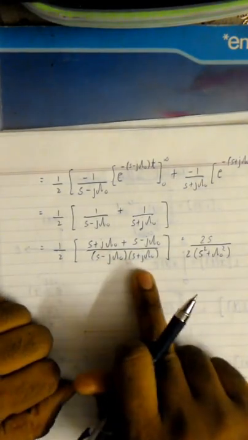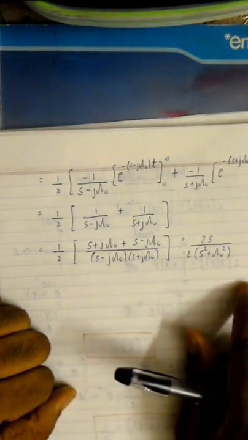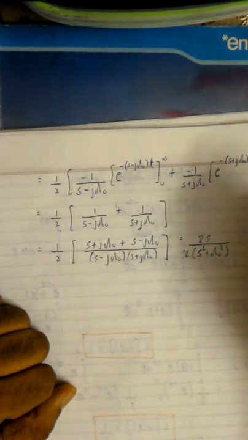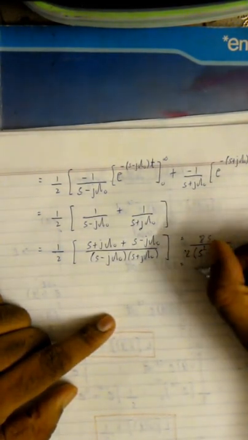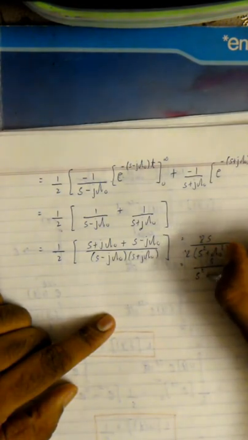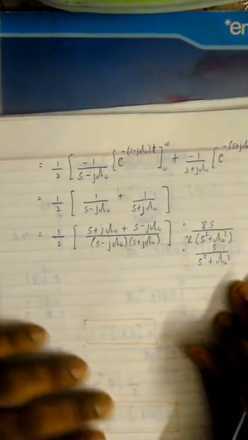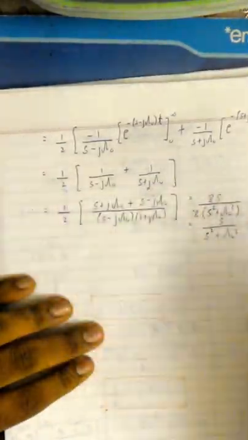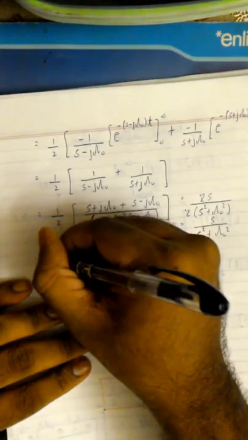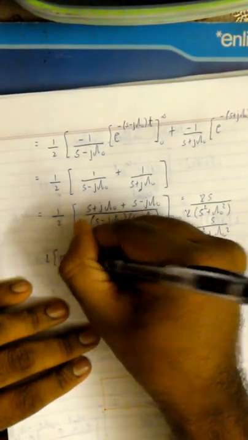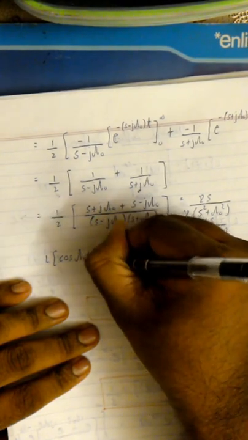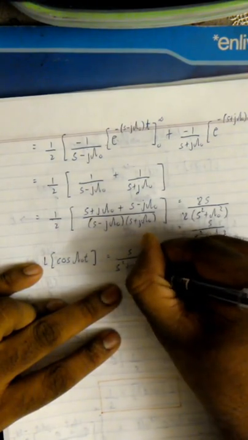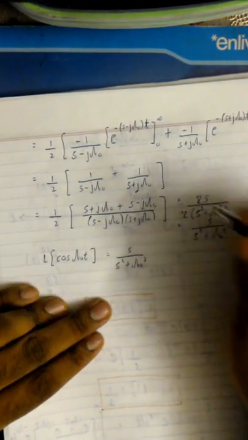It's a complex number multiplied by its conjugate, so you get a square plus b square. Now if I cancel 2, this is my final answer, s by s square plus ohm 0 square. So hence I found my third property: the Laplace transform of cos ohm 0 t is equal to s by s square plus ohm 0 square.